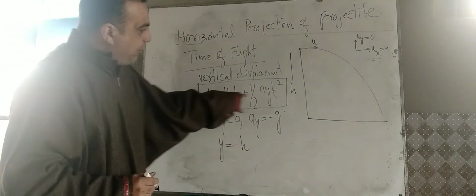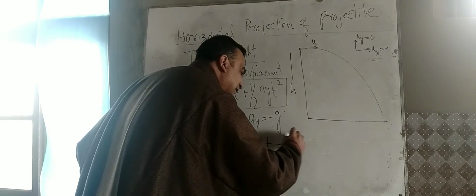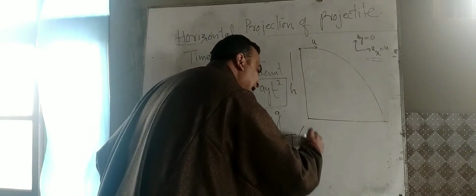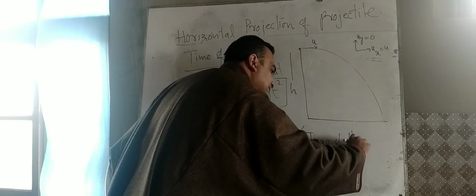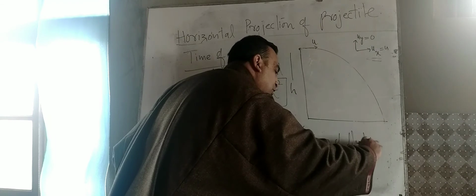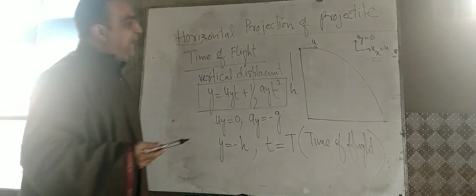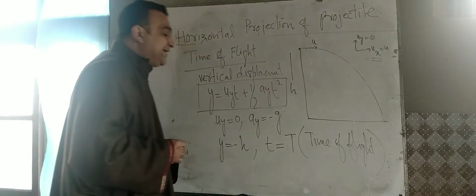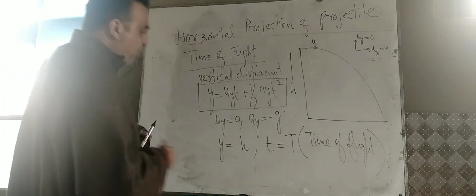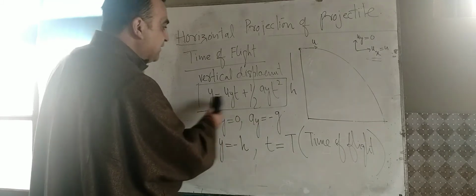Therefore, from this equation, the t, that is t at any instant, can be replaced by capital T. And this capital T is called the time of flight. It gives us the measure of time of flight. That means how much time this projectile will take from the point of its projection to the point where it hits the ground.